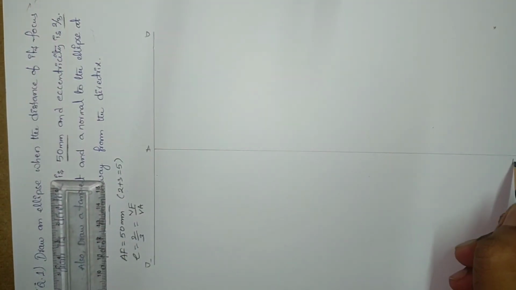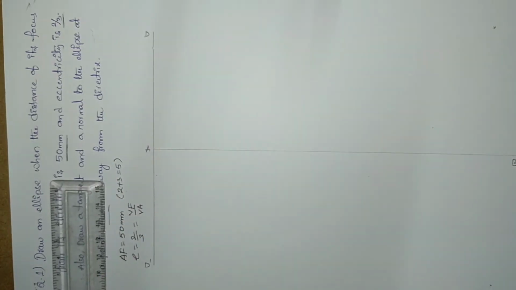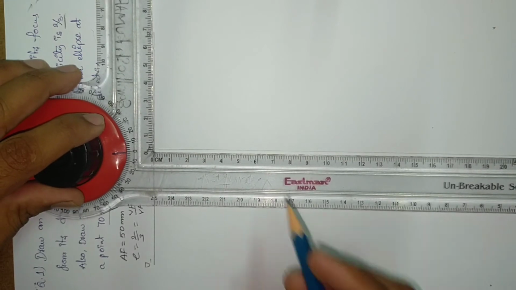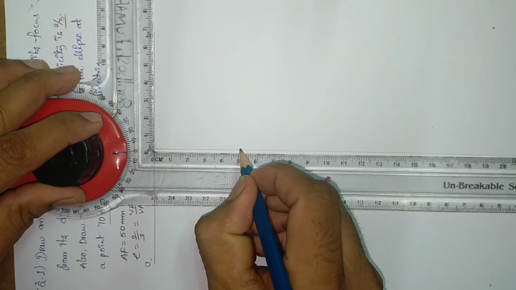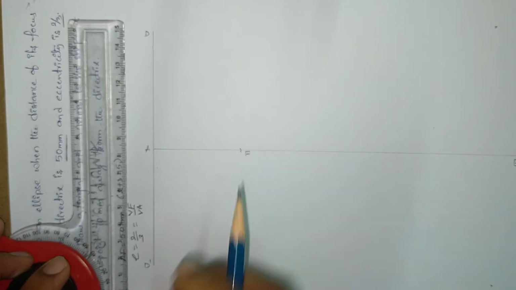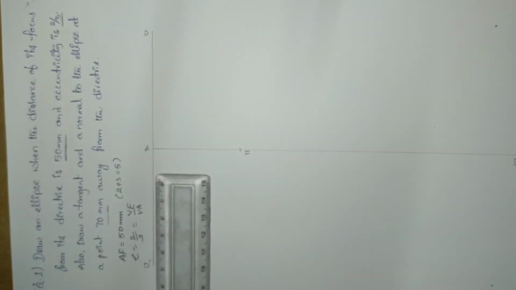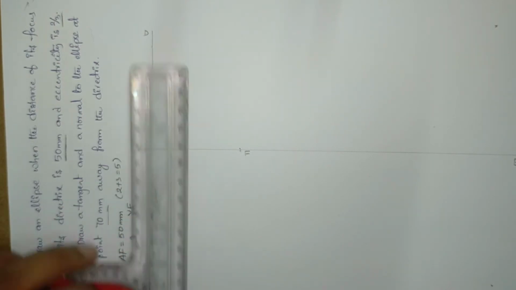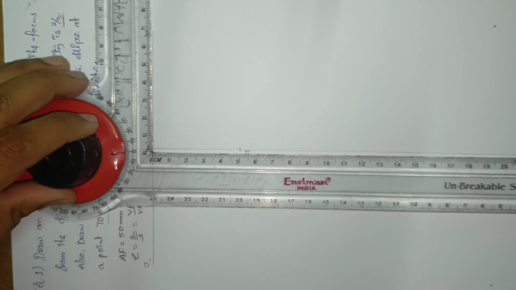AB is the principal axis. This AB is perpendicular to the directrix. Now mark the focus F on AB at a distance equal to 50 mm from the directrix, and divide AF into 5 equal parts.